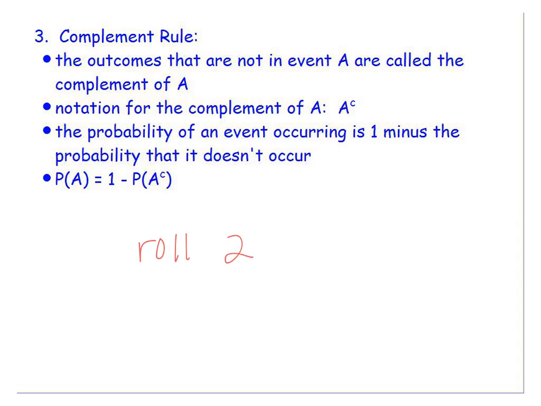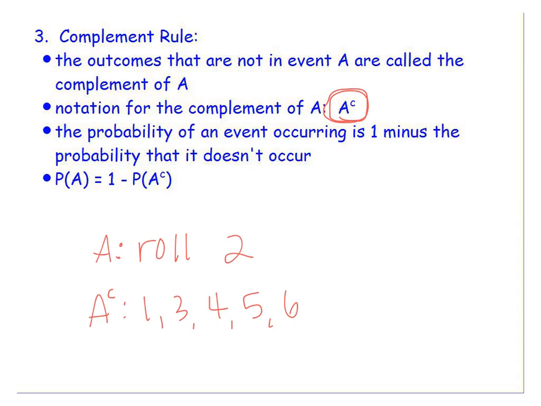The complement would be everything you don't want, so the complement would be 1, 3, 4, 5, and 6. The notation for complement is A with a little c in the exponent. So this would be A, and this would be A complement.